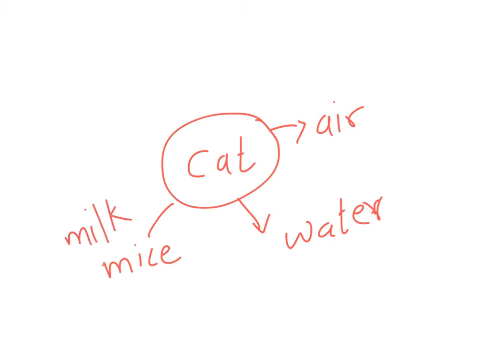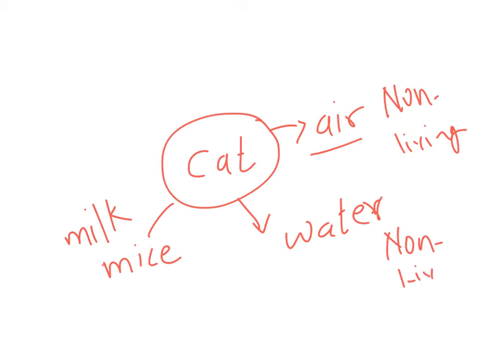Okay? Now, the air is a non-living thing. Water is a non-living thing. But mice are living things.